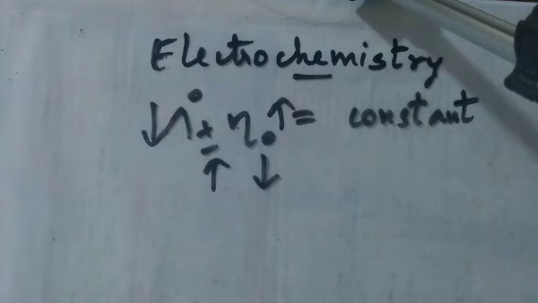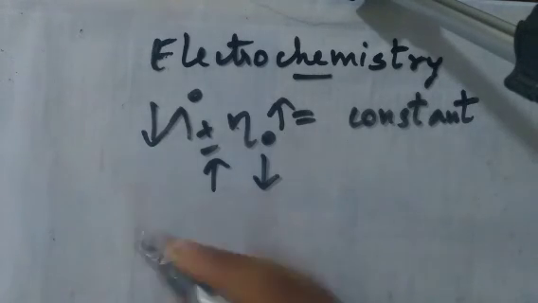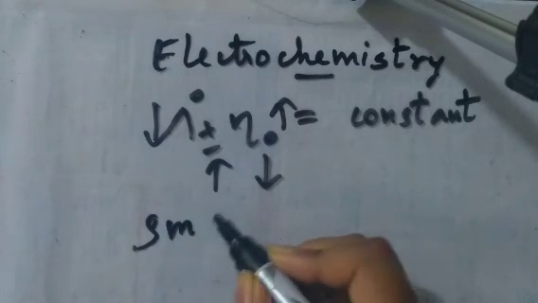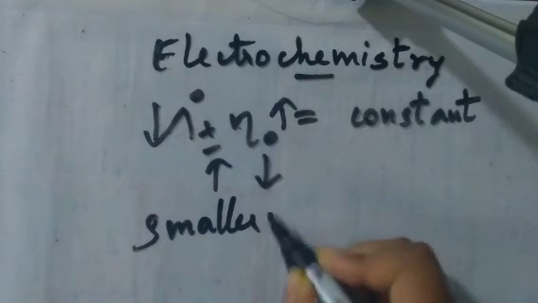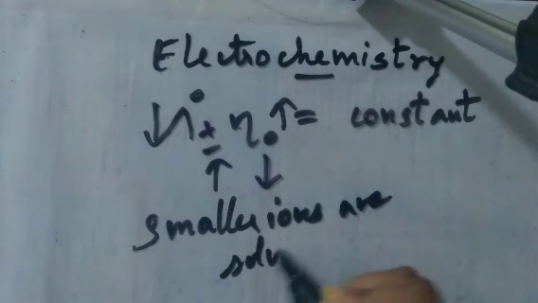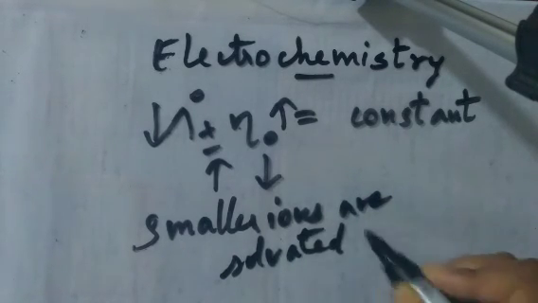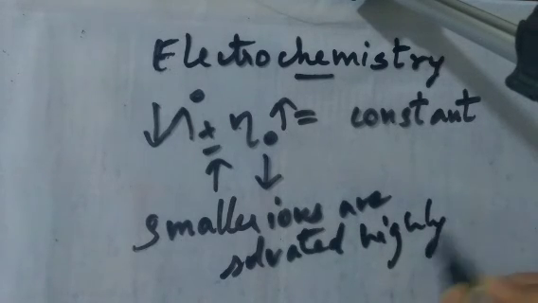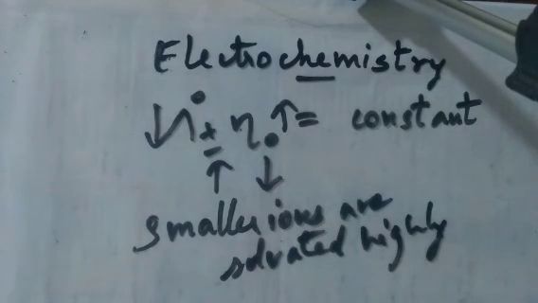Now a question arises: why do only large ions obey this law and smaller ions do not? We already said smaller ions are solvated highly when compared to the larger ions.